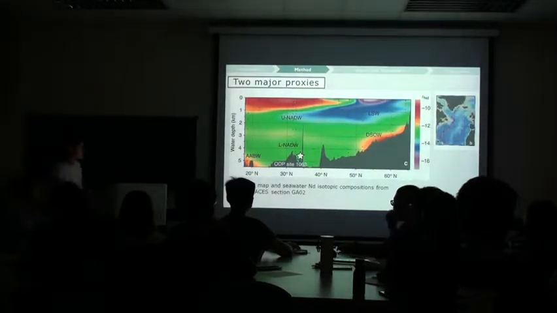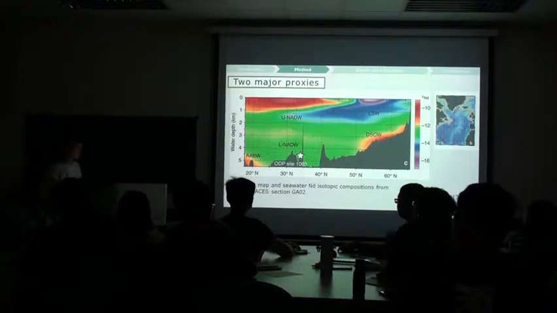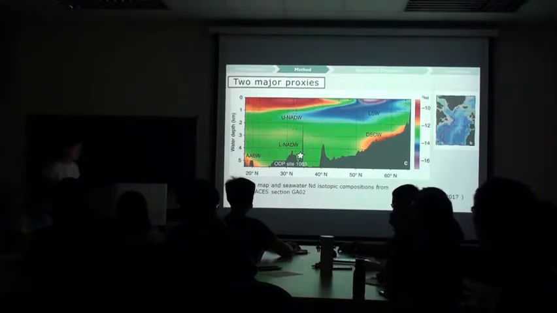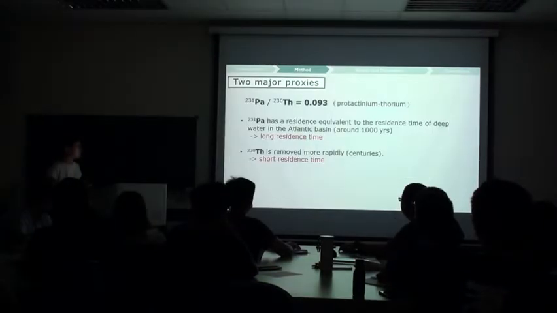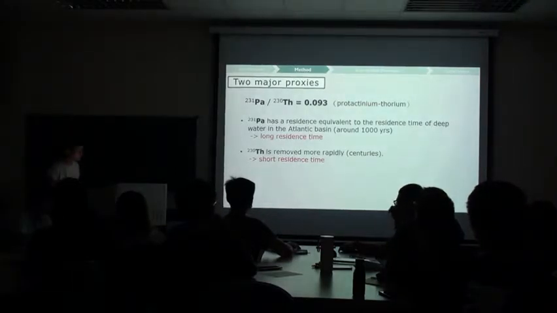This figure is from another paper, and I show it just to show that different water mixes have different neodymium values. The next proxies are protactinium and thorium.